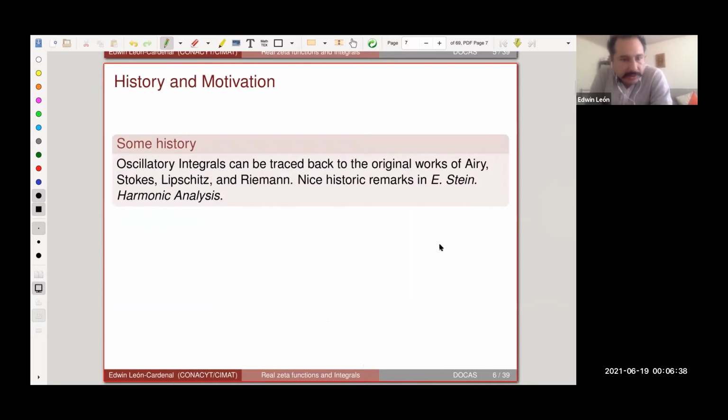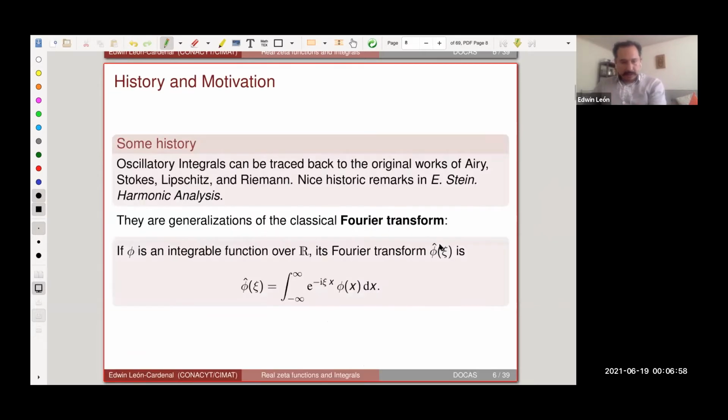So there is some history that I'm going to tell you. These oscillatory integrals can be traced back to the original work of Airy, Stokes, Lipschitz, and Riemann, and so many other people. And there are very nice historic remarks in the book by Stein, Harmonic Analysis. So there are generalizations of the classical Fourier transform.